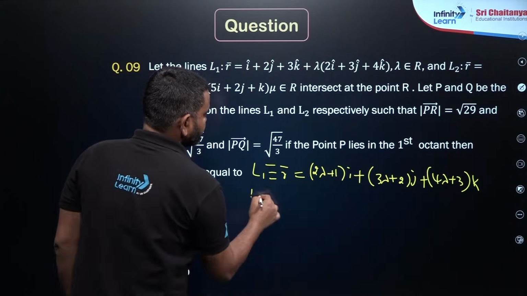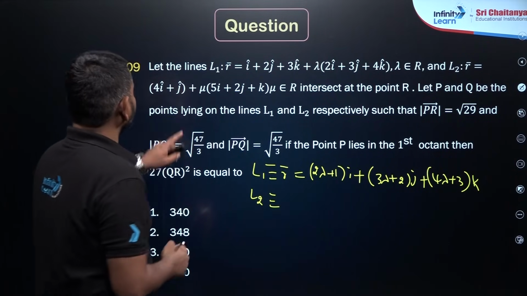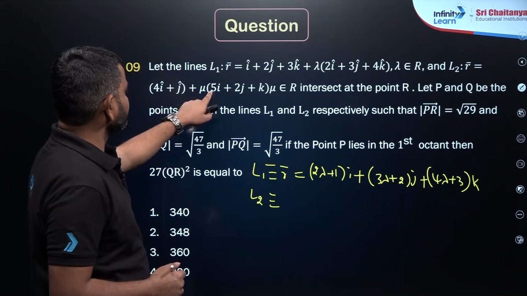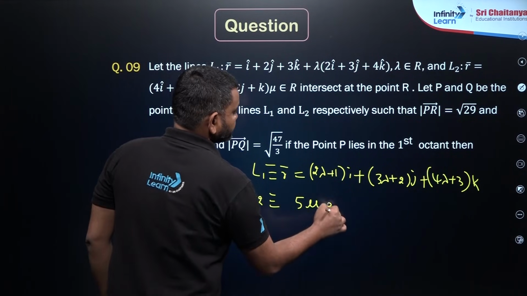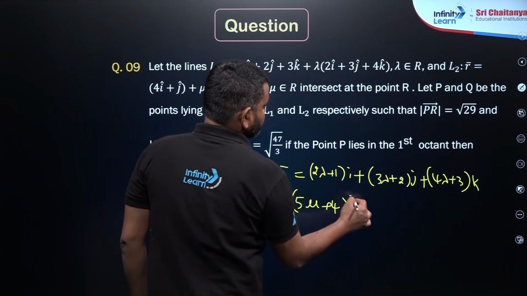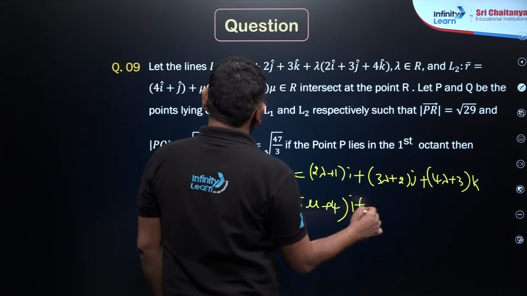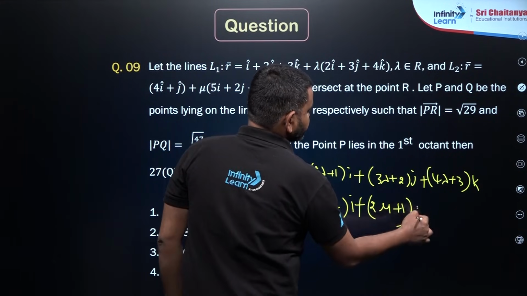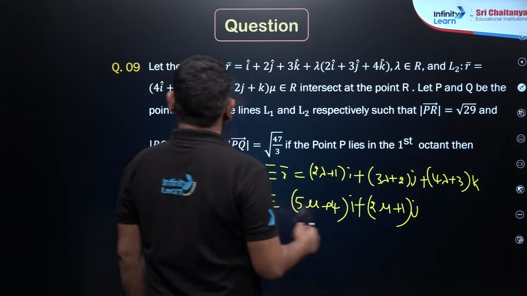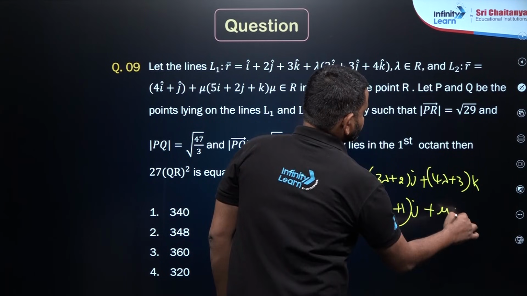The other one, L2 equation we are going to get here 5 mu plus 4 into I plus 2 mu plus 1 into J, and here we have only mu into K. Right.